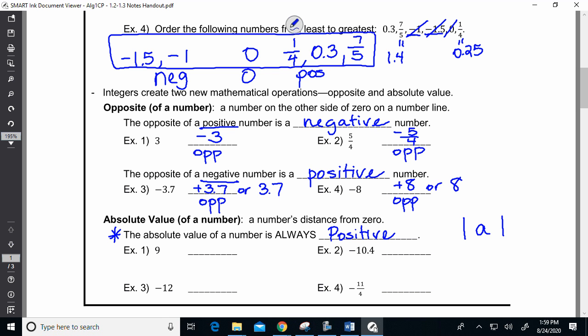So, for example 1, if you take the absolute value of 9, that's just regular old 9. Example 2, absolute value of negative 10.4 is positive 10.4. The number doesn't change, the sign does.